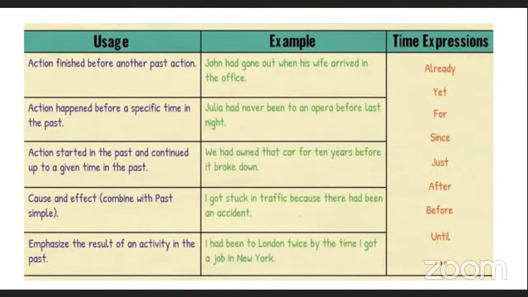Also, for actions that started in the past and continued up to a given time in the past. For example, we had owned that car for 10 years before it broke down. Okay, so they continued having the car until it broke down. It was not able to be used anymore.